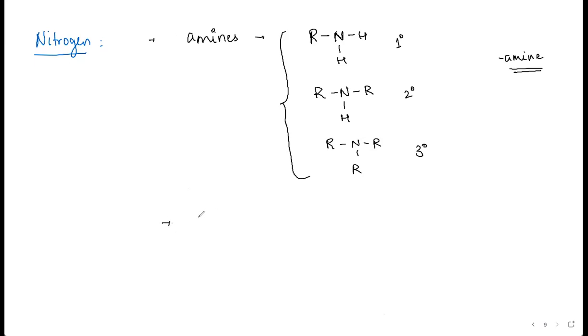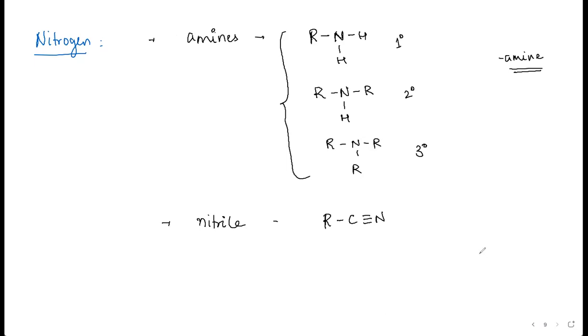With nitrogen you've got the nitrile group. This is a triple bond. So when you have R, C triple bond N, there are isomers of the nitrile group. This is nitrile, also called cyano, like cyanobenzene or cyanomethane.